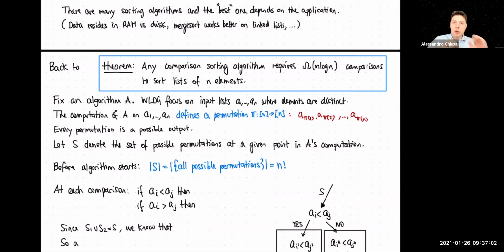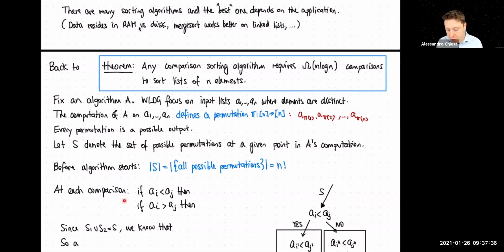And as it does more and more comparisons to discover things about the input, the set of possible permutations defined by the output will get smaller and smaller until it gets to the permutation that describes the output. Okay? So in other words, before the algorithm starts, the cardinality of S is the cardinality of the set of all possible permutations, which is n factorial, right?